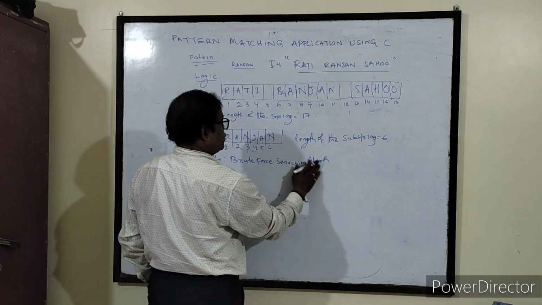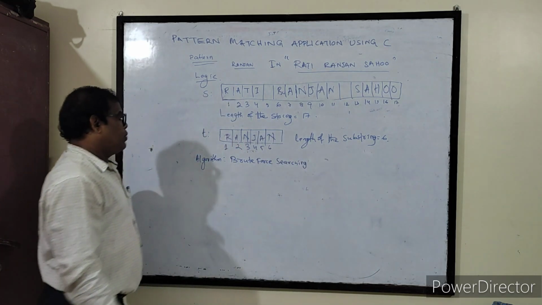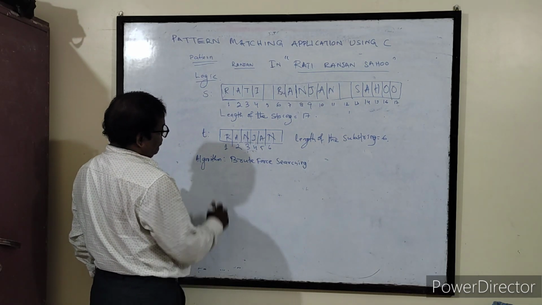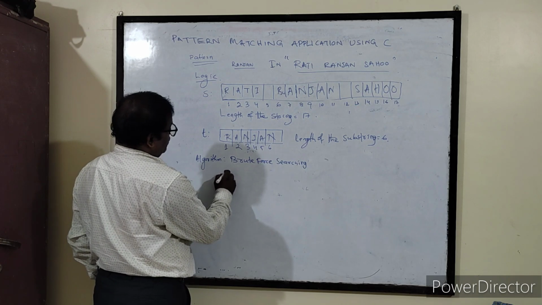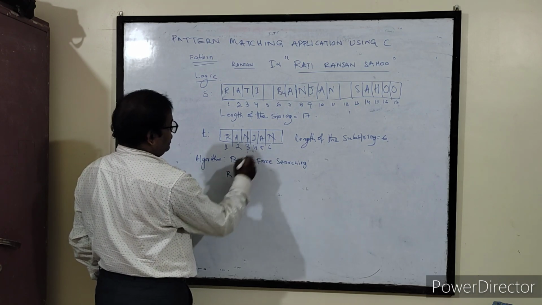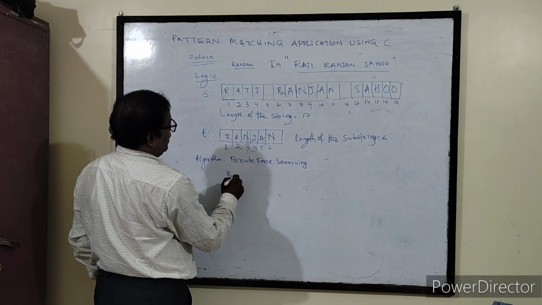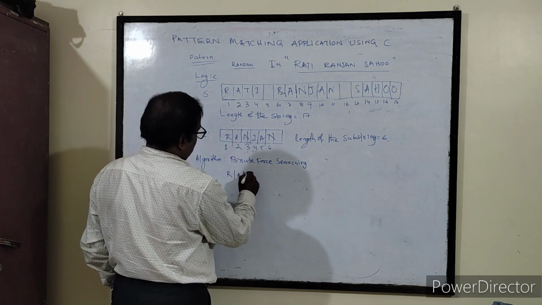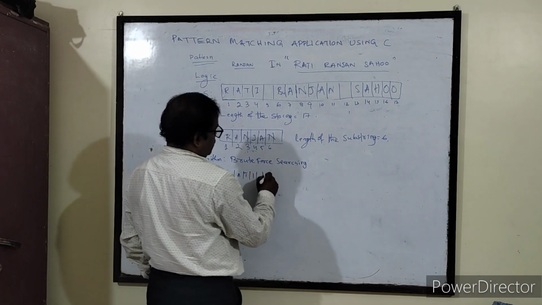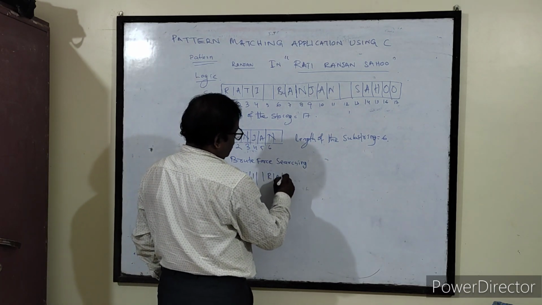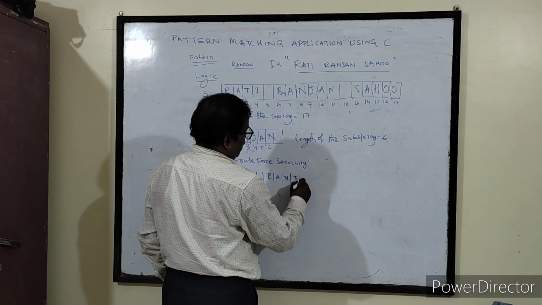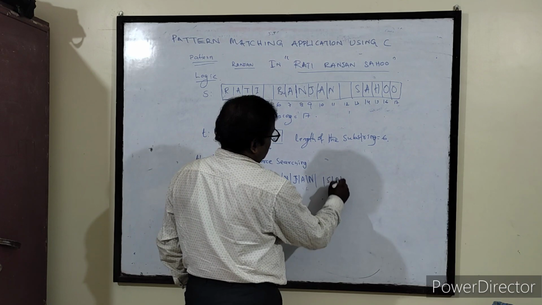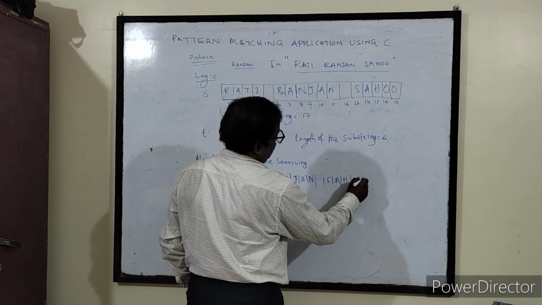So what is the idea in that? What I have to do is check the very first 6 characters from the right here. Brute force: R A T I space R A N J, and this space S A H O O.